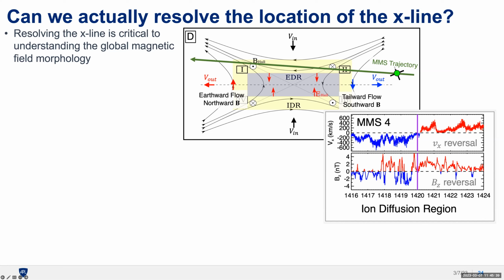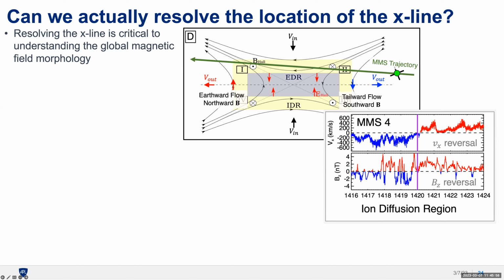So as you can envision MMS flying through one of these, it'll see a reversal in the sign of the BZ component of the magnetic field, along with a reversal in the plasma flow velocity.